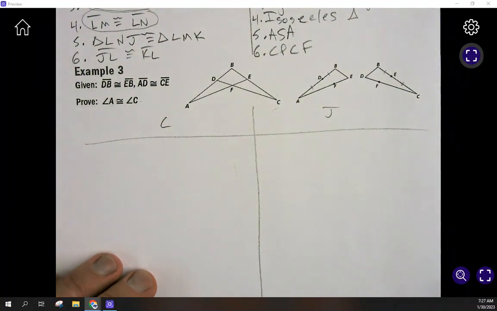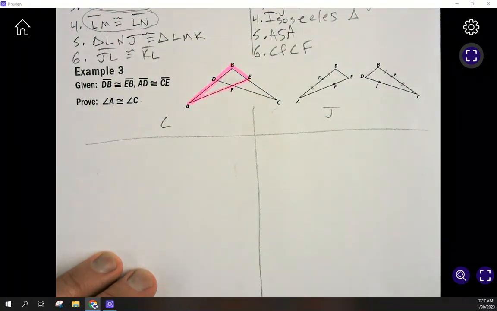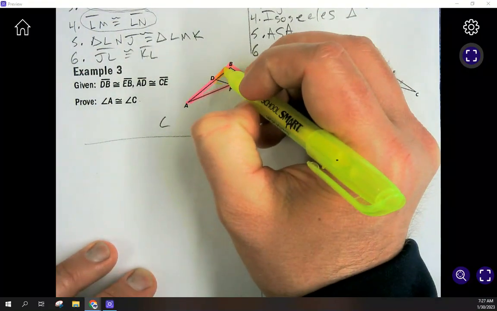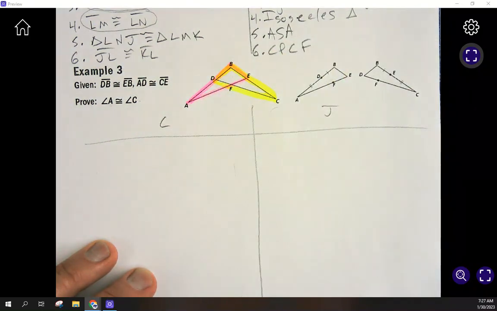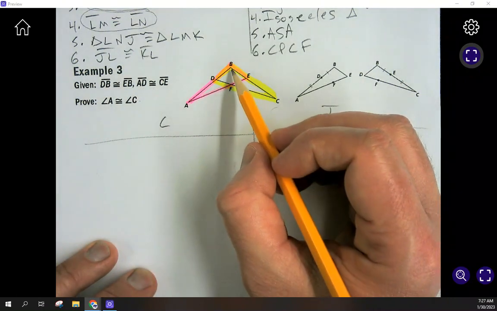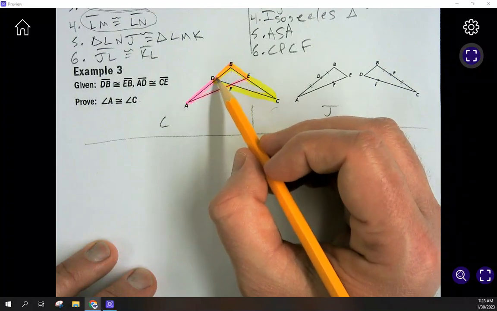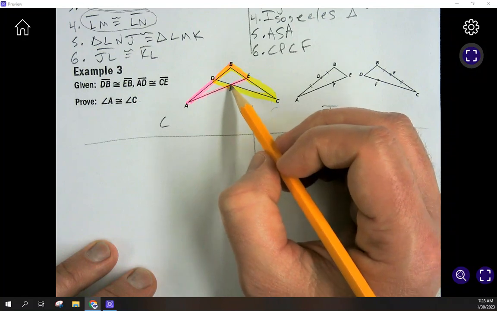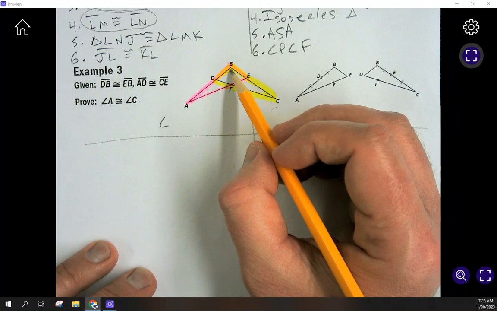All right, let's get this highlighted here in the picture. So this one and this one. Now again, as I highlight those and I take a look at what is overlapping here, part of this side overlaps with part of this side, right? The pink and the yellow, and they hit here at F. Now they do share this angle up here, so we get to use that, right?